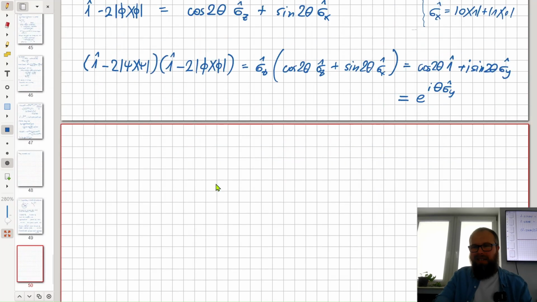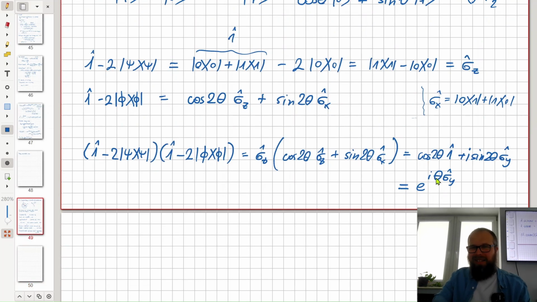And now, this is almost good because you might recognize that this is like a rotation in the subspace, but the angle is a little bit too big.